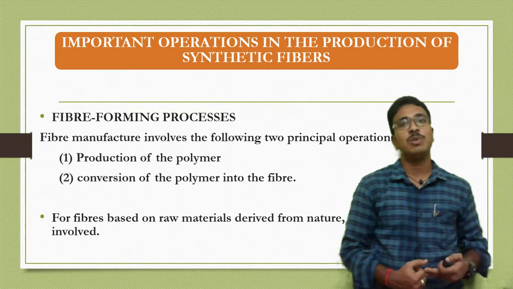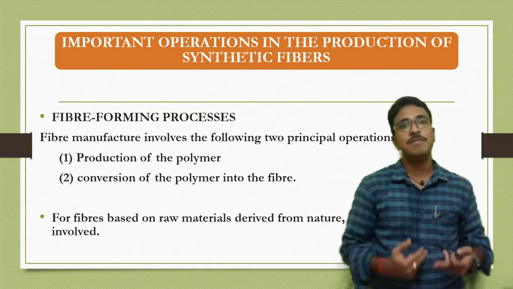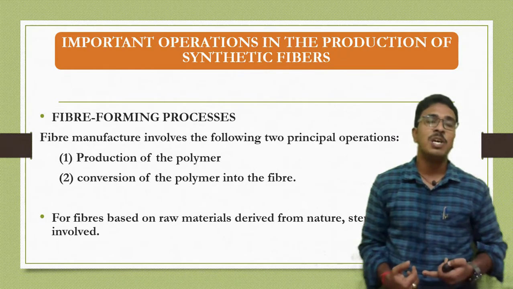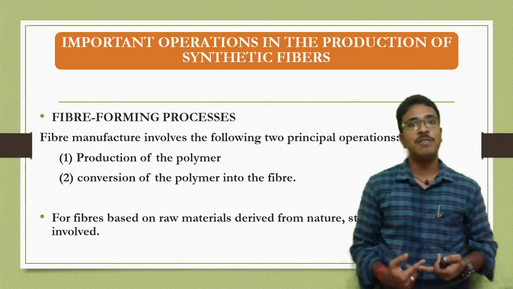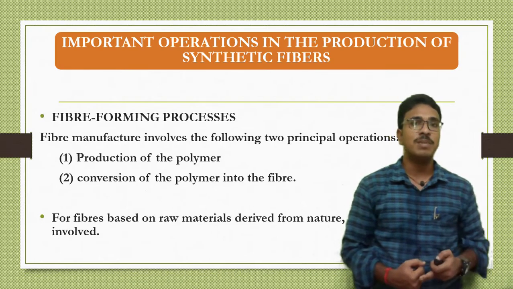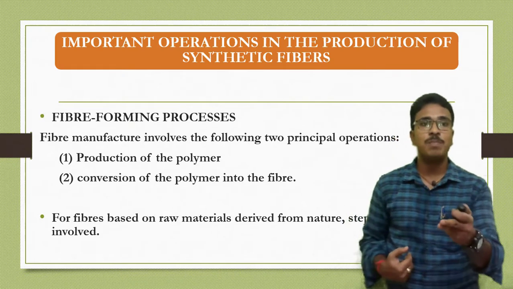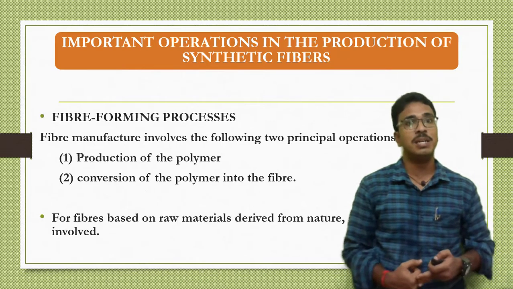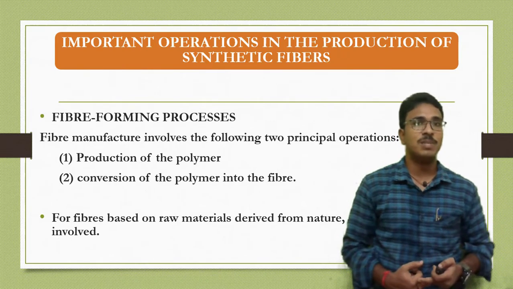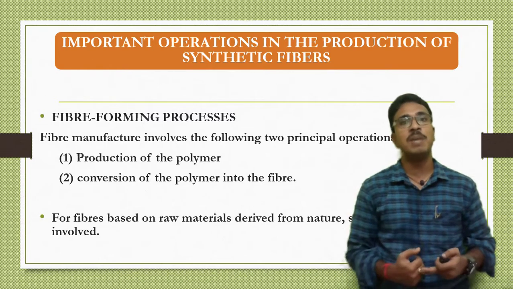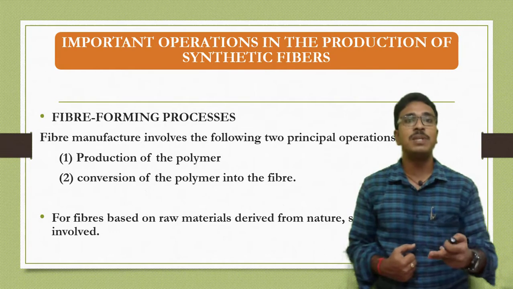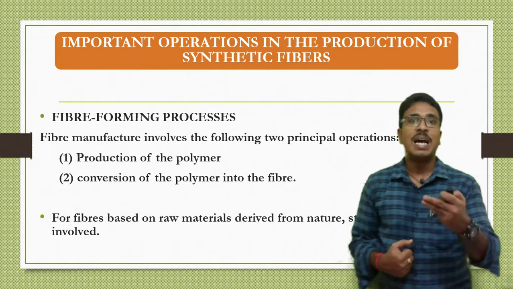After getting the wood pulp, we react it with different chemicals, then take it for the spinning process to make a continuous length of yarn. That's why, in the case of regenerated fibers, we follow only the second process, and the first step is eliminated.